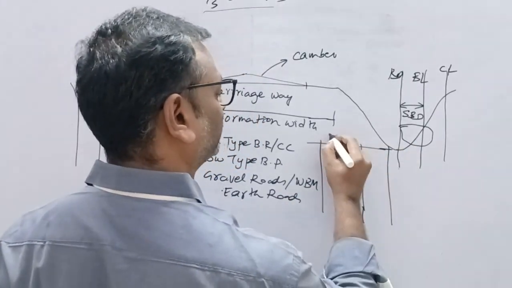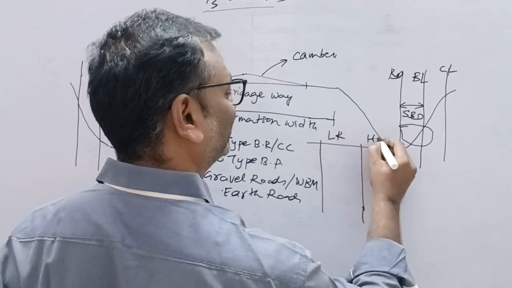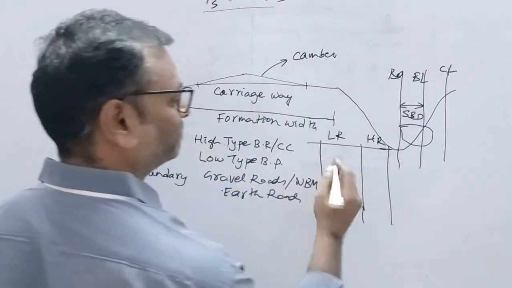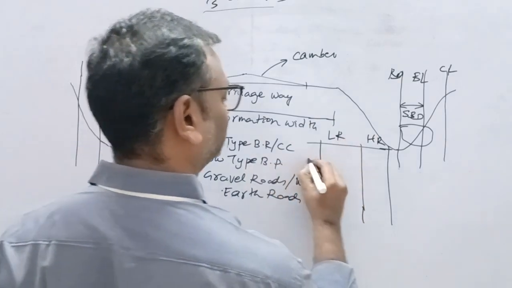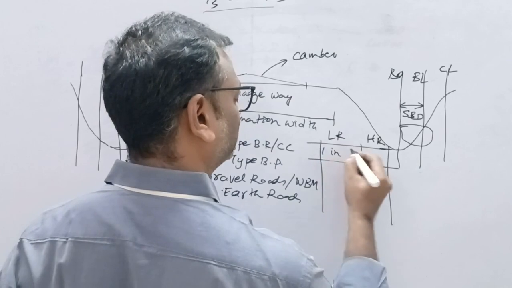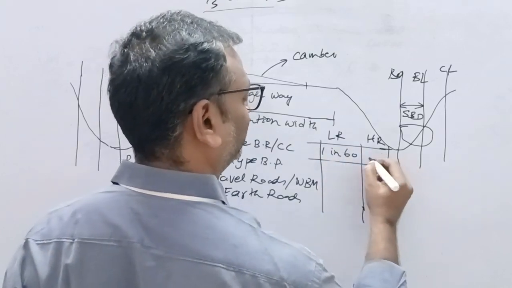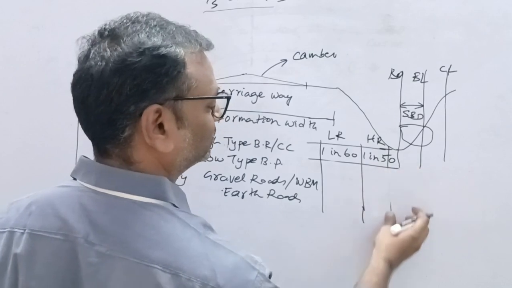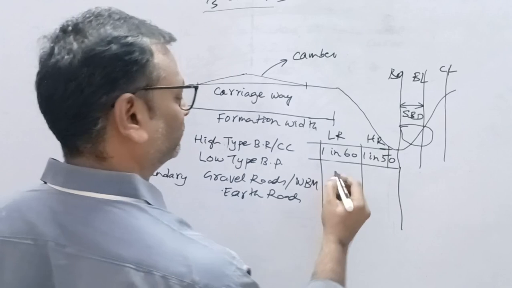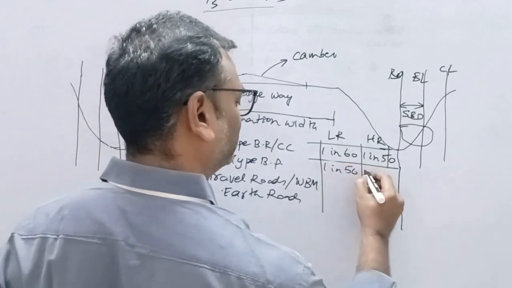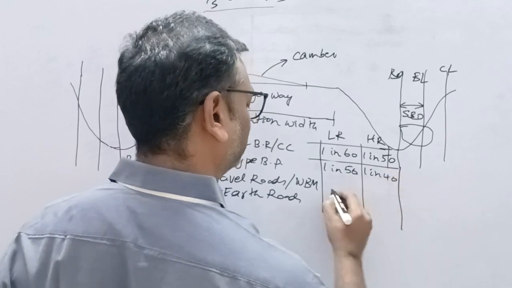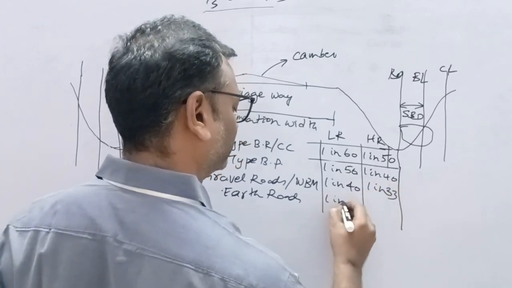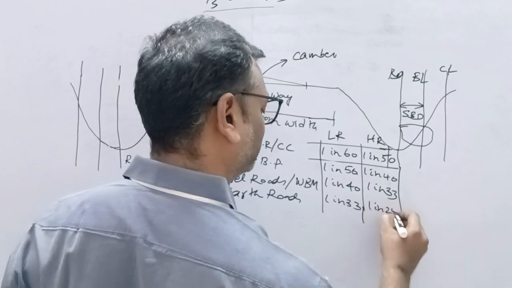Let us say low intensity of rainfall and high intensity of rainfall. If low intensity of rainfall is there, then you can say this is 1 in 60, and here 1 in 50. Similarly, filling the entire tabular column, this is 1 in 50 and 1 in 40, 1 in 40 and 1 in 33, 1 in 33 to 1 in 25.